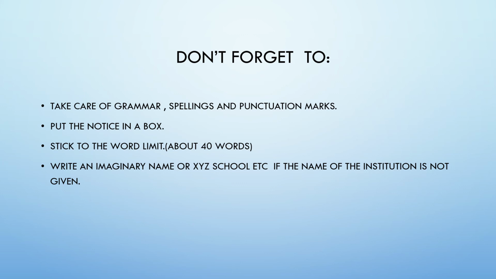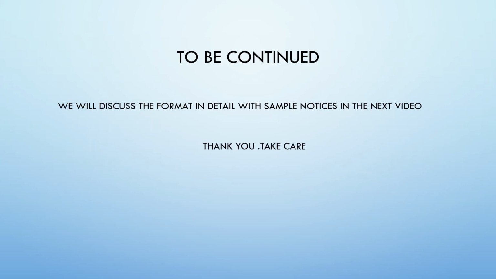But if the name of the school or the institution is not mentioned, then you can write an imaginary name. You could write the Daffodil School, Tulip School, or you could write XYZ School and then a city, comma, Rajkot, comma, New Delhi. So these things you can't forget.